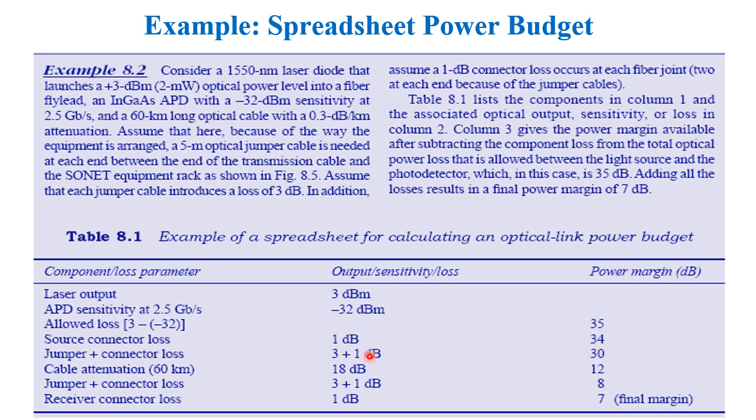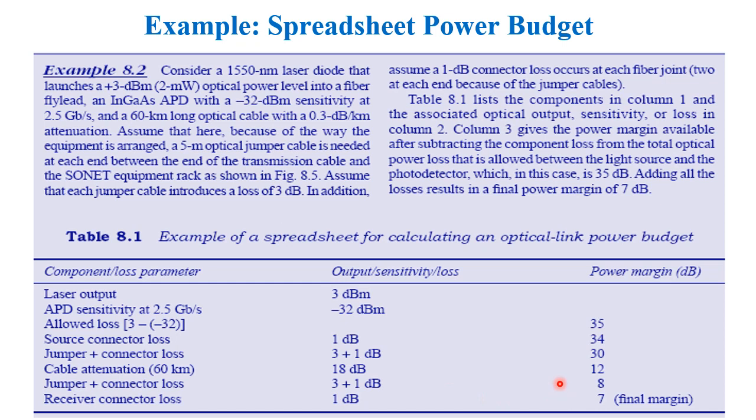Then 34 minus 4 decibels, 30. 30 minus 18, 12. 12 minus 4 decibels, 8. 8 minus 1 decibel, 7. So this is the final margin according to the optical link power budget. Like this we can find out the final power margin for the given statement. So our final answer is, the final margin is 7 decibels.